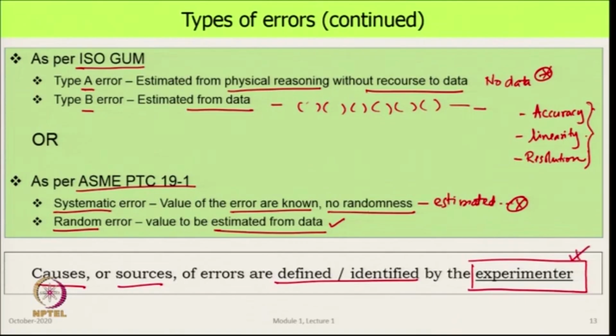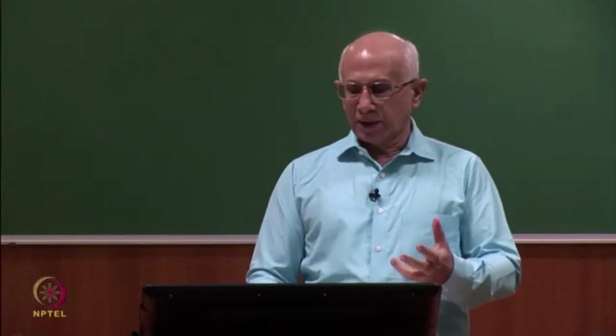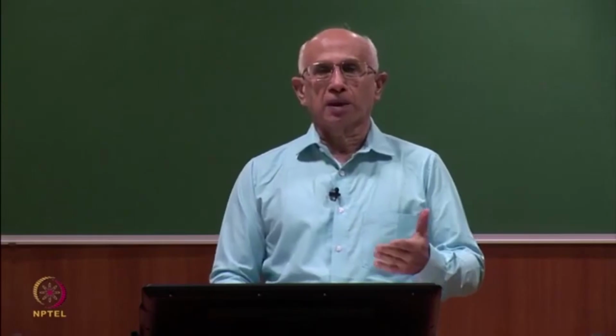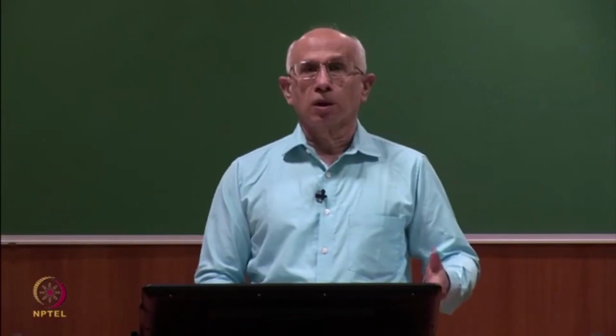It is entirely the prerogative of the experimenter to say what are the errors coming in this particular case, how to classify them, and then how to quantify them. All of this is the job of the experimenter. In this course, I have given some examples in the notes of measurements and what types of errors come in, and which of them are type A, type B, or systematic or random.